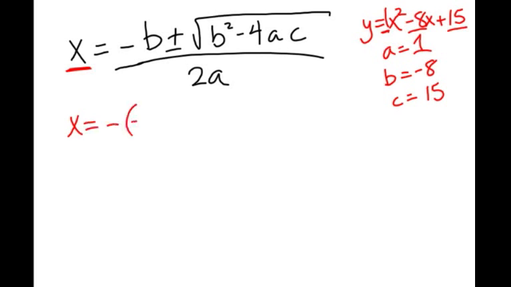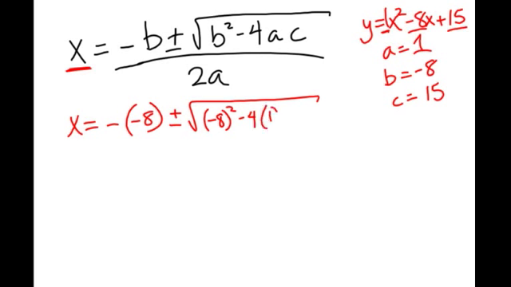Negative b would be negative 8. Square root of b squared is negative 8 squared. Minus 4 times a is 1 times c is 15. All over, the whole thing over 2 times a, which is 2 times 1. Let's just do some simplifying.